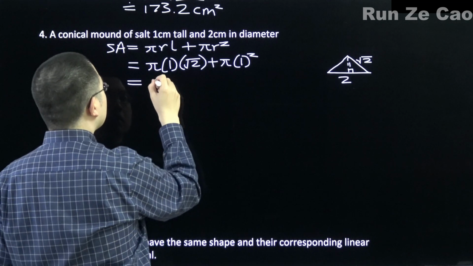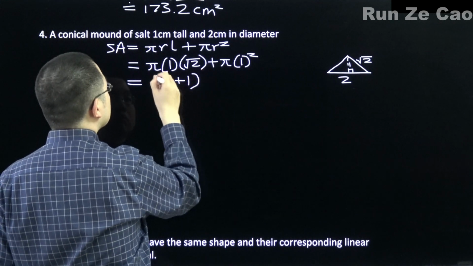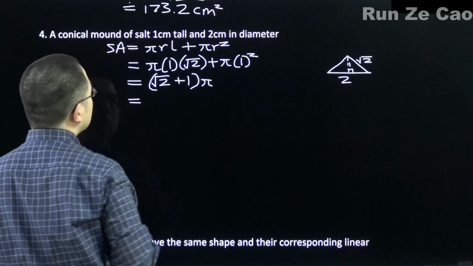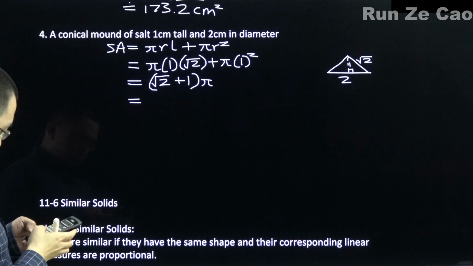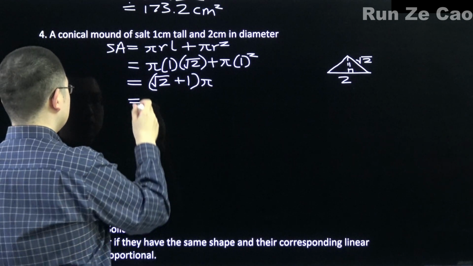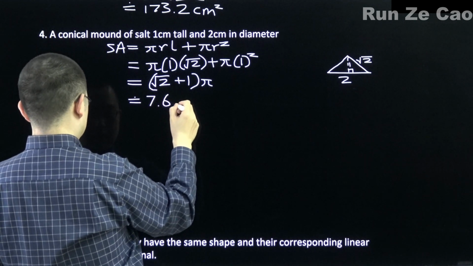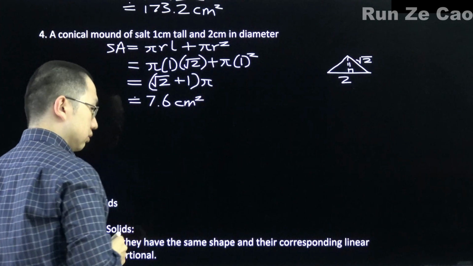Therefore, that's root 2 plus 1, times pi. It's approximately 7.6 centimeters squared.